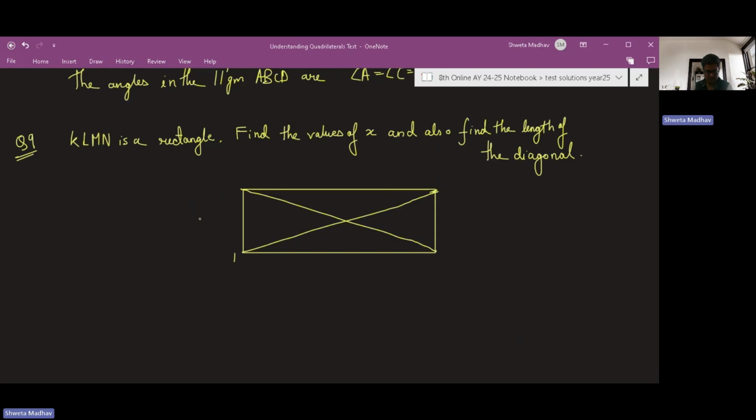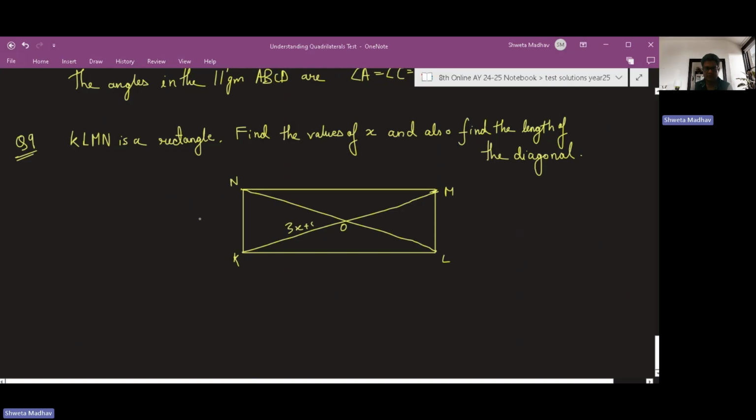They intersect at O. The length of the diagonal KM is told as 3x plus 5 units, and the length of the diagonal LN is 2x plus 7 units.